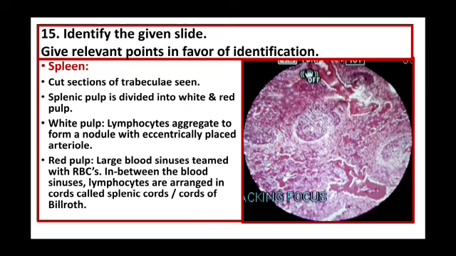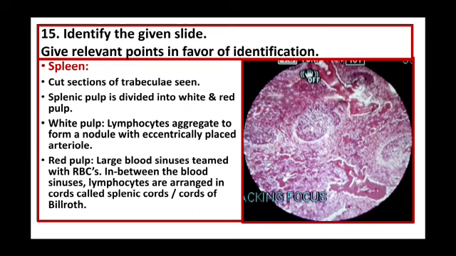The given slide is spleen. Cut sections of trabeculae will be seen. The tissue is divided into white pulp and red pulp. In the white pulp, you can see the lymphocytes arranged in the form of a nodule with eccentrically placed arteriole.